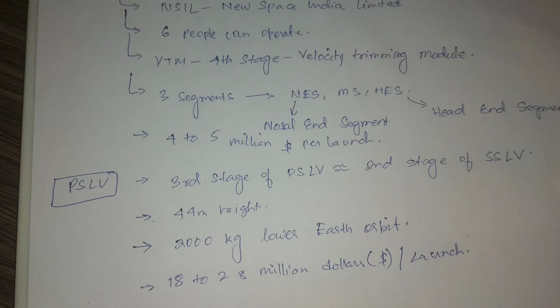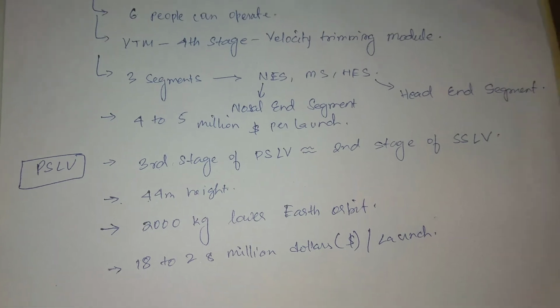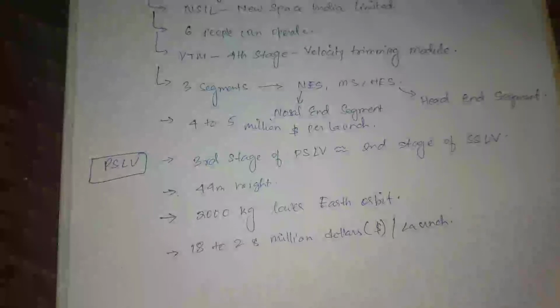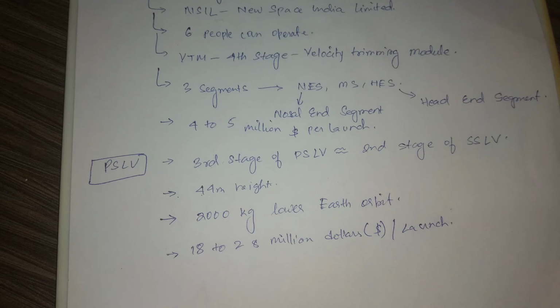So the mechanism with which both operate, the design, the implementation of the module, a lot of time and lot of cost and lot of energy could be saved. The time for implementing the design is definitely saved, because the third stage of PSLV is almost equivalent to the second stage of SSLV.